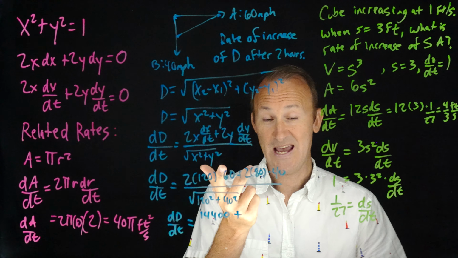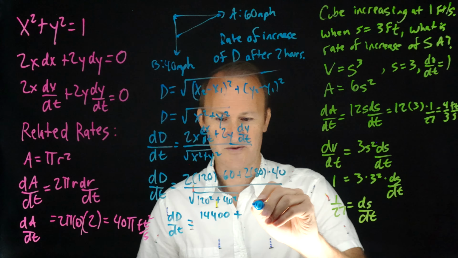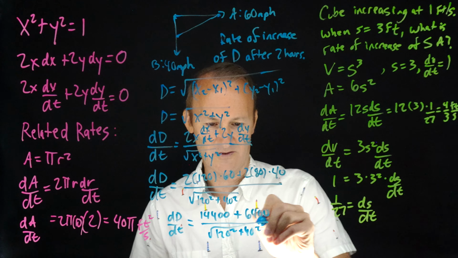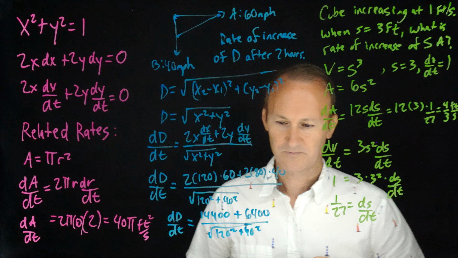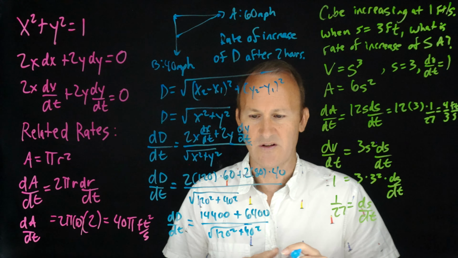Once again, 2 times 4 is 8. 8 times 8 is 64 with 2 zeros. And so just a little simplification here. And I'll leave it like this, although it's good to take these a little further. Okay, so this is going to end up giving you the rate of change of the distance over time.